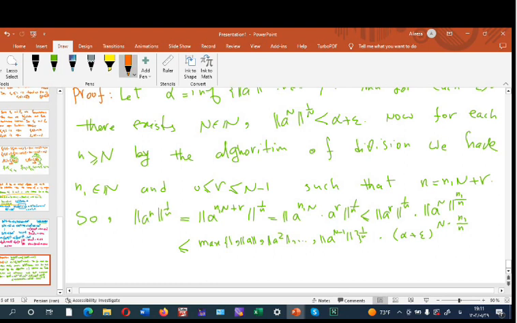If we denote this by beta, beta to this power 1 over n, and this is equal to n1 N divided by n.